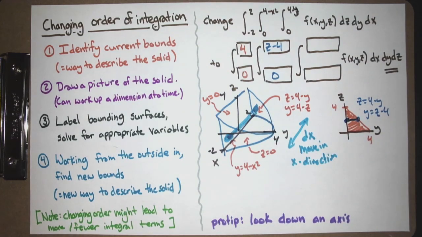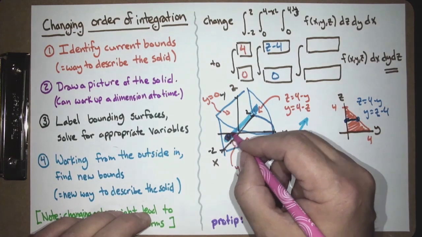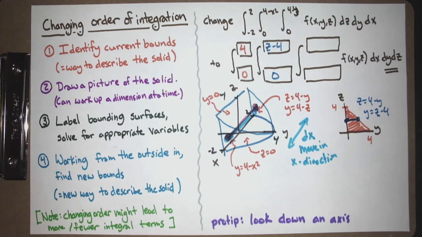Which ones do we hit? Which parts are we hitting if we move back and forth in the x direction? Yeah, we're hitting this parabola here.